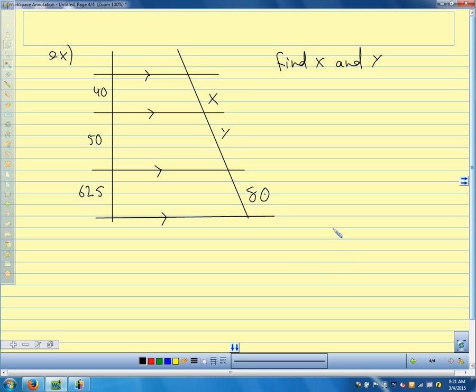So what proportion could we write for X? To solve for X? 40 over X equals 62.5 over 80. It's matching these two with those two.